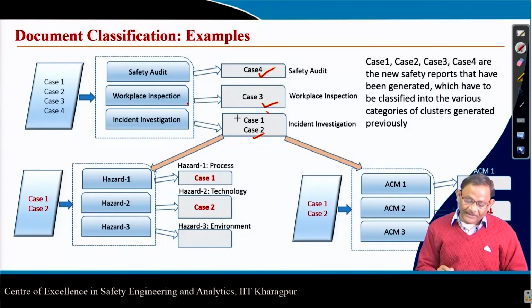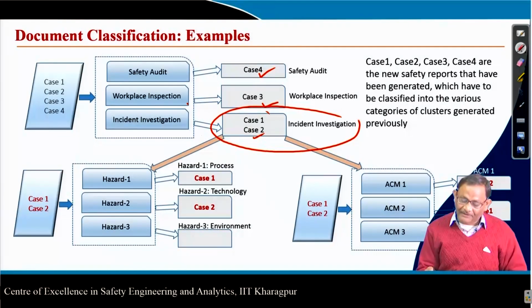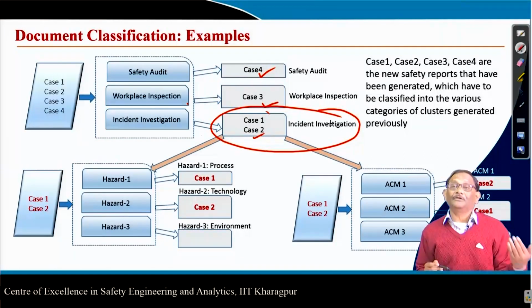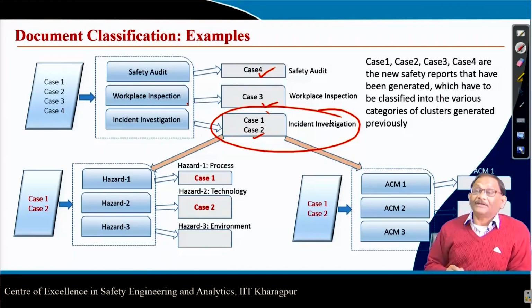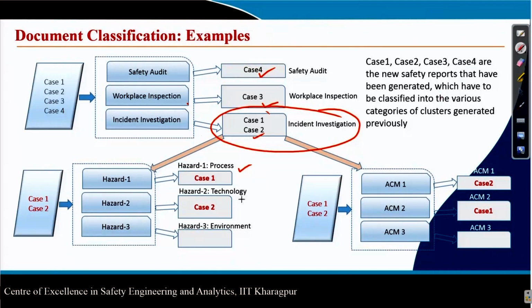Then you can go for a second level. For an incident investigation report, you can ask which kind of hazard it is: process hazard, technology hazard, or environment hazard. Here, one document comes under process and one under technology.